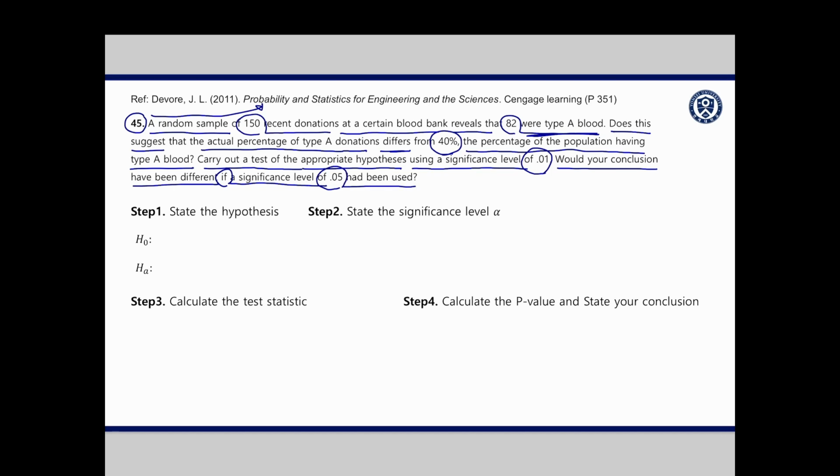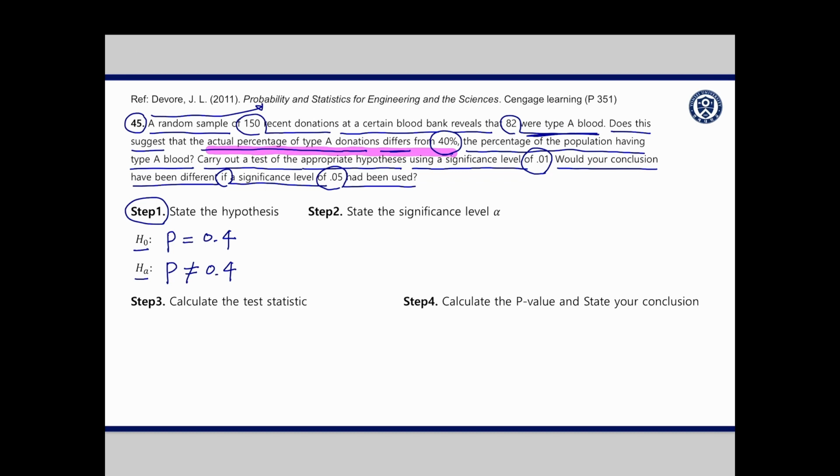In this question, it is claimed that the actual percentage of type A donations differs from 40%. Therefore, the hypothesis testing setting for step 1 is as follows. That is, H0 is that the population proportion equals 0.4, and the alternative is that the proportion is not equal to 0.4. Okay.